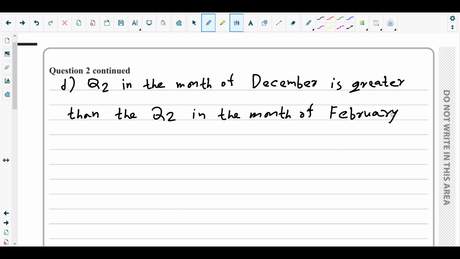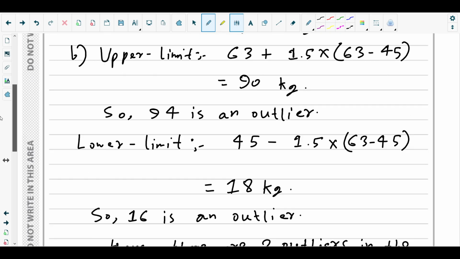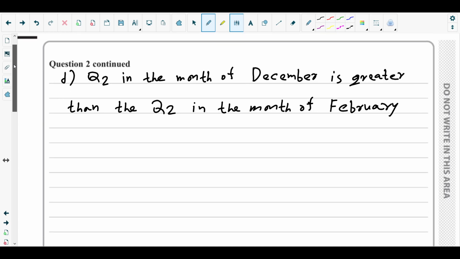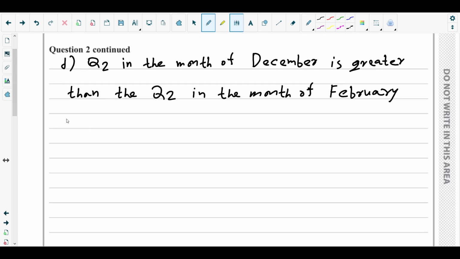You can see it easily from the box plot. Since the median is a measure of location, it measures the central tendency, the average of the data.